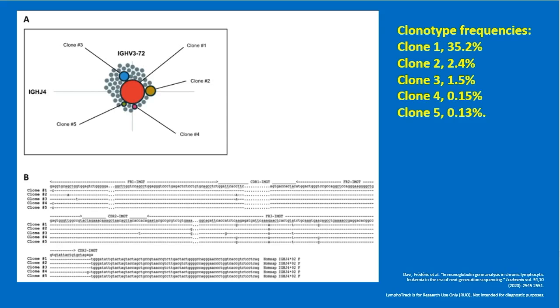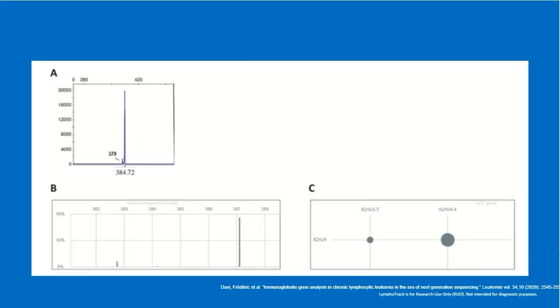But with NGS, you can get all these very low level clonotypes isolated, sequenced and characterized for better interpretation. Again, if you have a very small population, we can still miss it by Sanger sequencing, but with next generation sequencing you can get, as shown here, 2 different clonal populations.